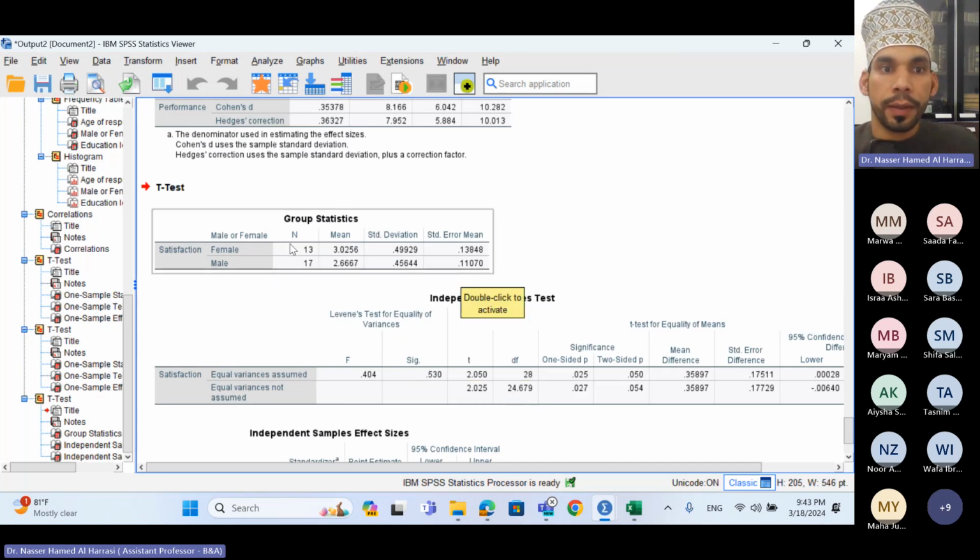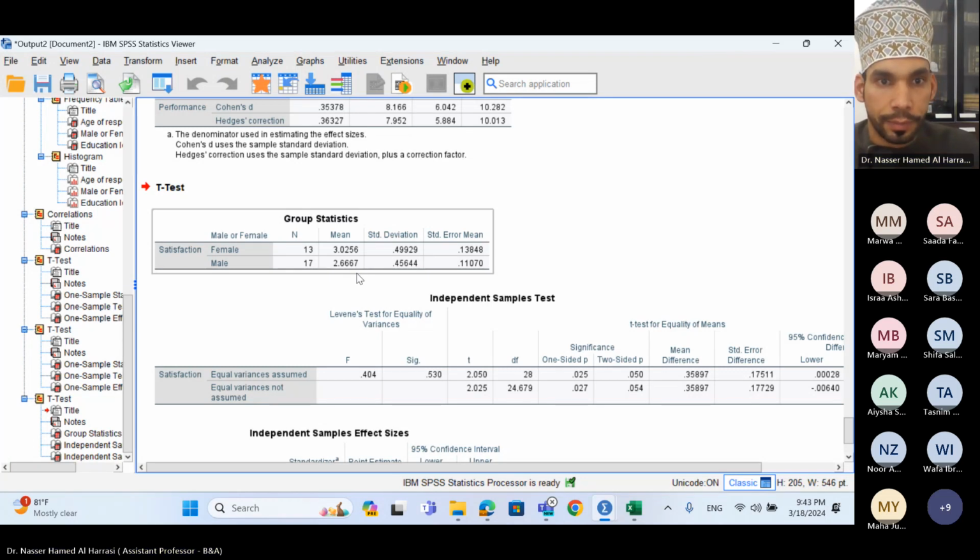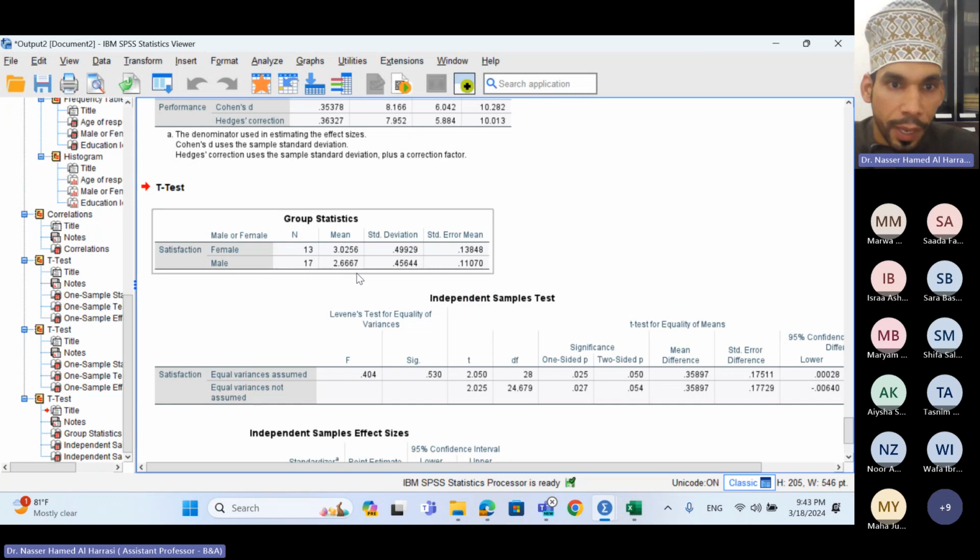Now, this is the summary. Female and male. The mean of female in relation to satisfaction is 3. And the males in relation to satisfaction, 2.6. Now, who's satisfied more, male or female? From your opinion. Here, the female 3.0 and male 2.6.